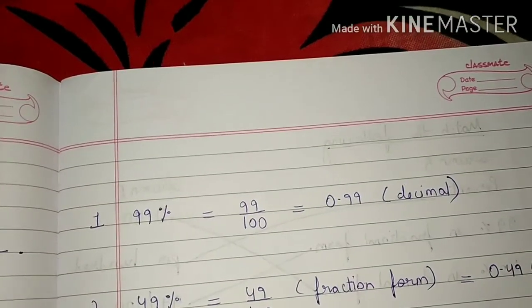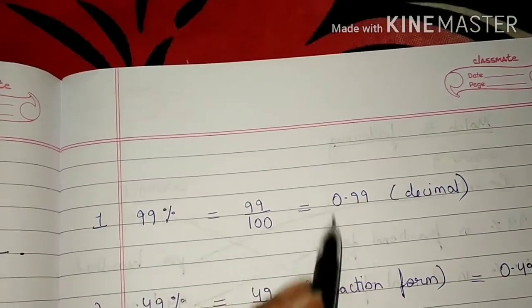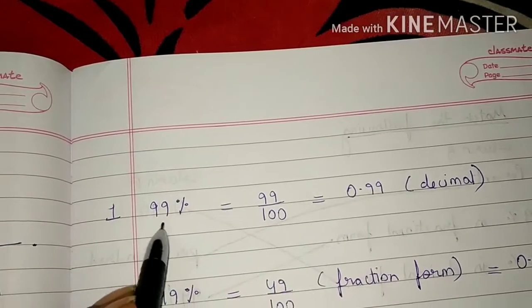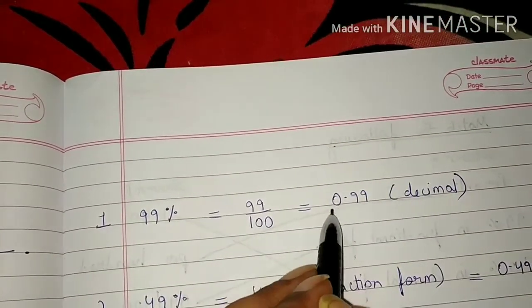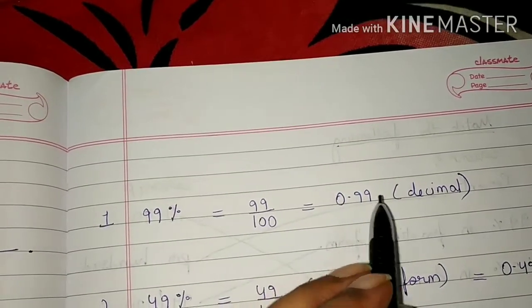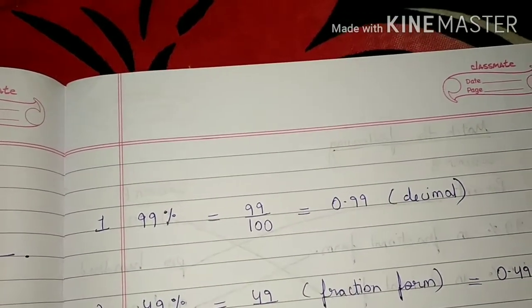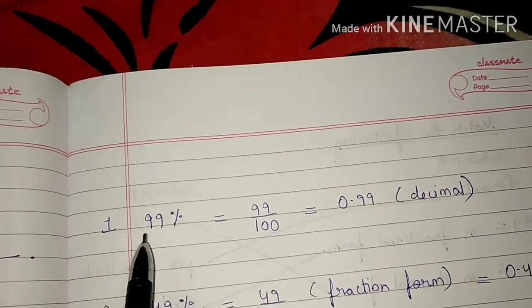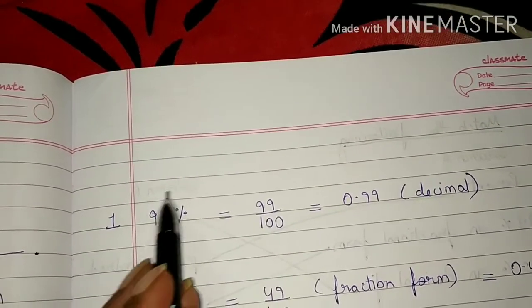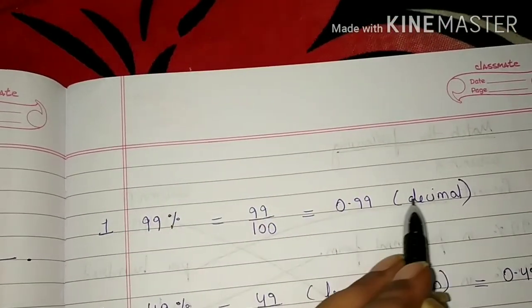So students, you can see that here we have expressed 99% as a decimal, that is 0.99. So from this point of view, we can say that we can express a percent as a decimal.